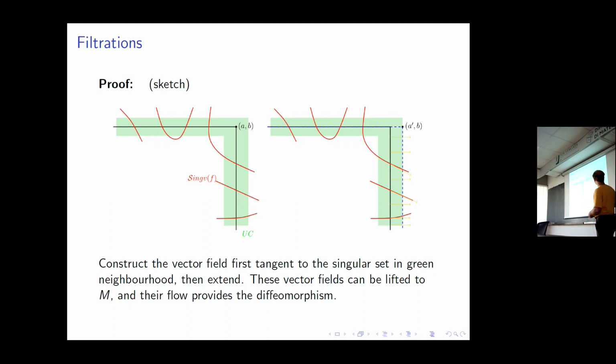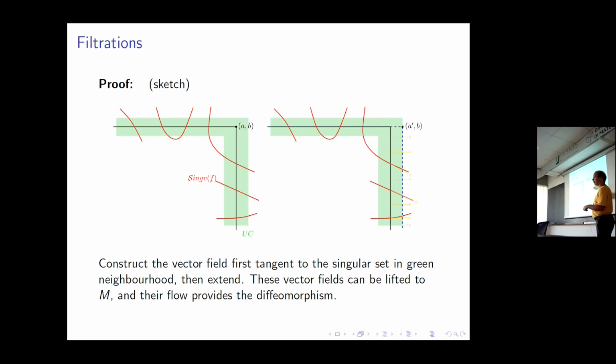And so how do I do it? Well, if you're on the red manifold, you make the vector field point to the right, let's say a unit direction to the right, but then you have to force it to be tangent to the singular subset at the red points.